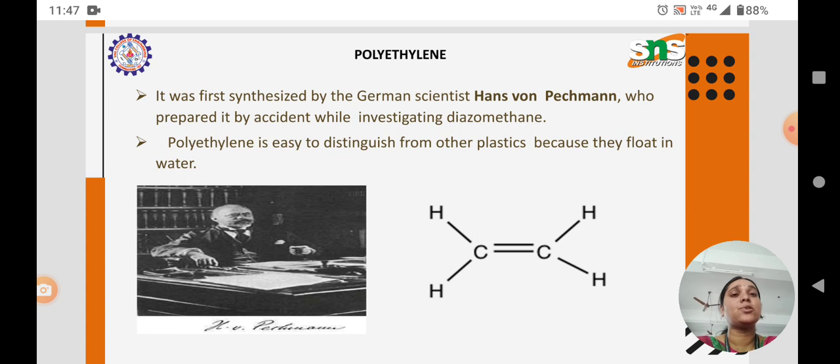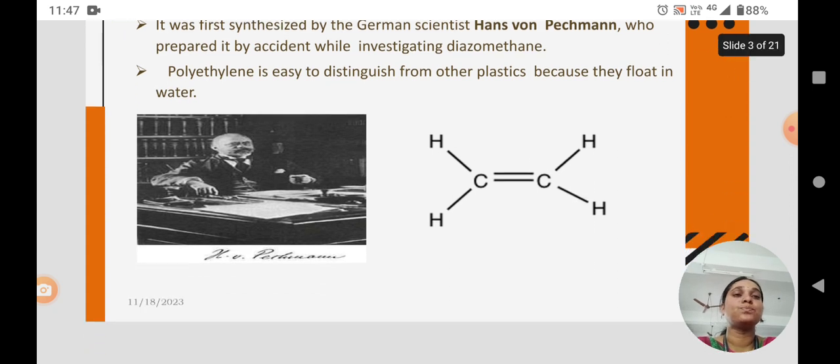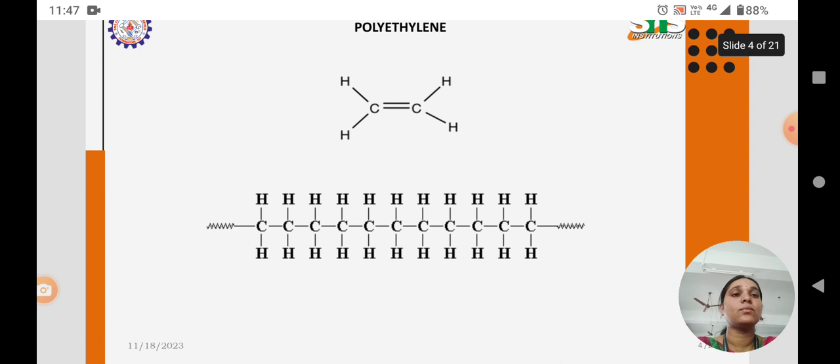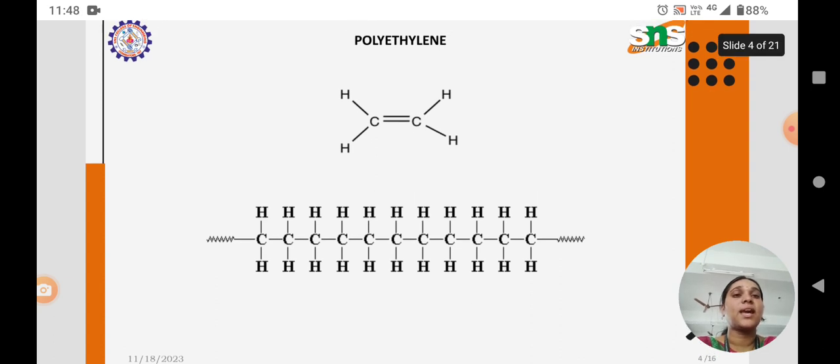These are the pictorial representation of the German scientist and the polyethylene. CH2 double bond CH2. The first one is the monomer and the second one is the polymer; the monomer is ethylene and the polymer is polyethylene.